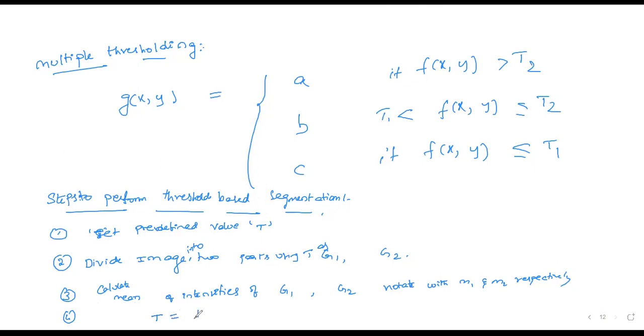The new threshold value is the average of these means M1 and M2. And again split G1 and G2 using this new T. Like that, we can divide subimages. Repeat this step until the required subimages are available. Okay.